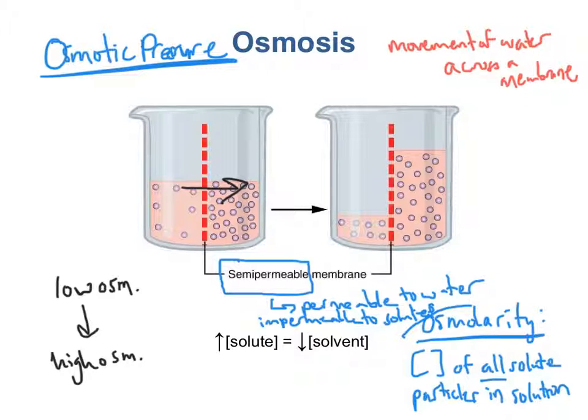The solutes in a solution exert osmotic pressure. So over here, where you've got a lot of solutes, this solution has osmotic pressure, and it's sucking the water across that semi-permeable membrane. And that sucking, that's what's referred to as osmotic pressure.